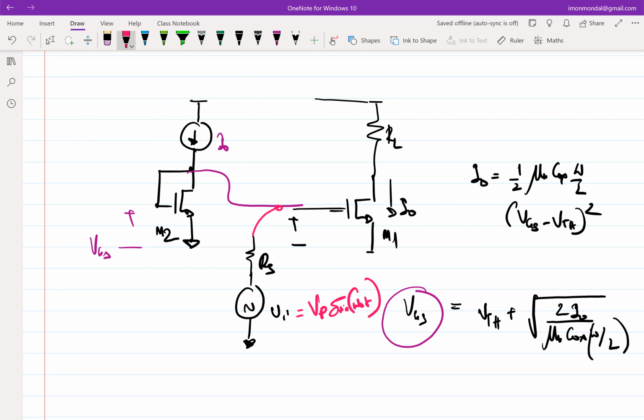Okay. So now let's talk about quiescent. Some of the I naught will flow into this guy, right? Under quiescent condition, this is shorted, so some of the I naught will flow this way. It will not flow into M2. So this is loading essentially, right?